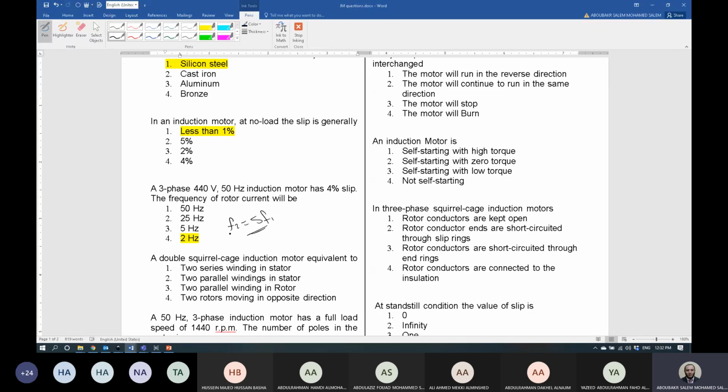For that, the rotor current frequency will be very small, or very close to DC, because 2 hertz or 3 hertz are considered very small values. It stays a very long time in the positive half cycle, and similarly a very long time in the negative half cycle. Long time here is relative to the electrical time constant.